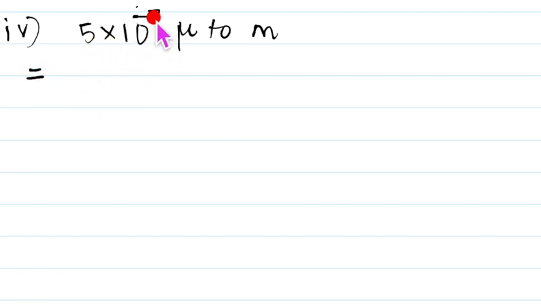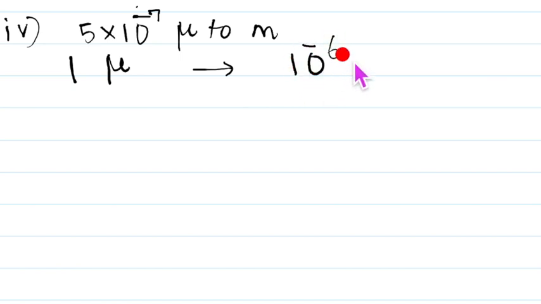5 into 10 to the power minus 7 mu means micron to meter. Now how much is 1 micron? 1 mu or micron is 1 micrometer, and we have 1 mu or micron or micrometer is 10 to the power minus 6 meter. We need to know these conversion factors.